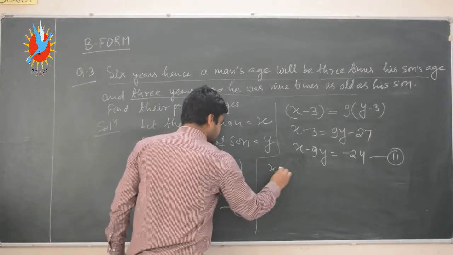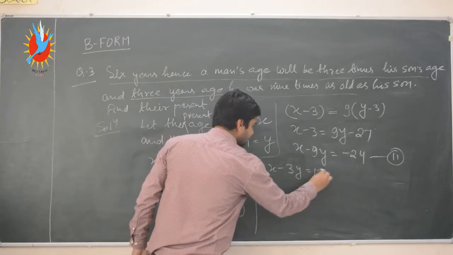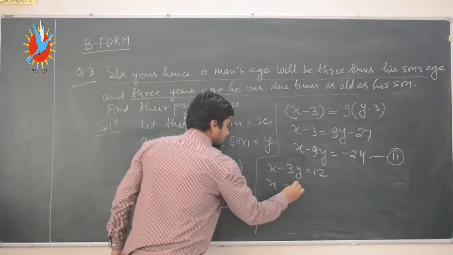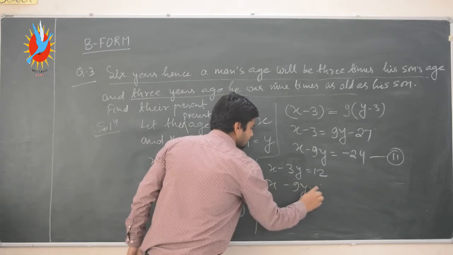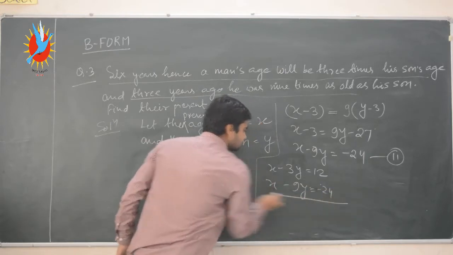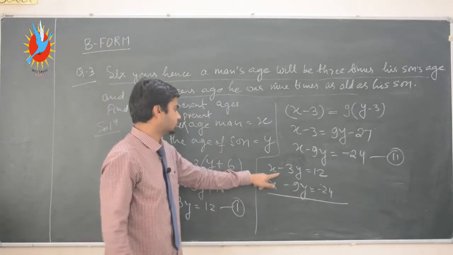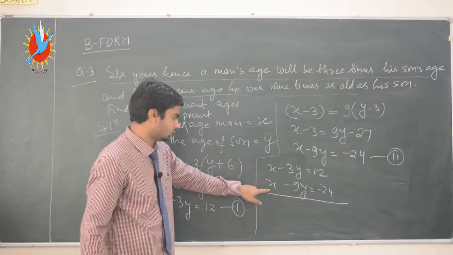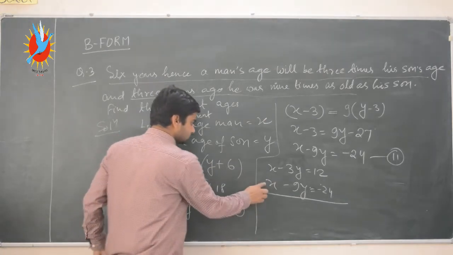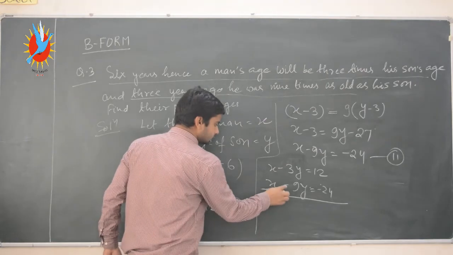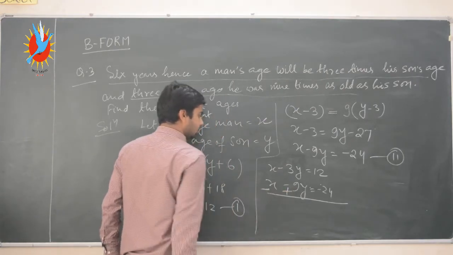Our expression 1 is x minus 3y equal to 12 and expression 2 is x minus 9y equal to minus 24. Subtract equation 2 from equation 1, so their signs change. This is positive, so this will become negative, and this is negative, so this will become positive.